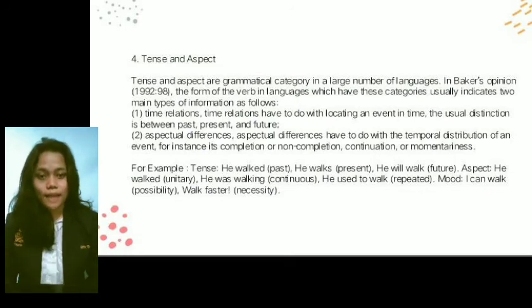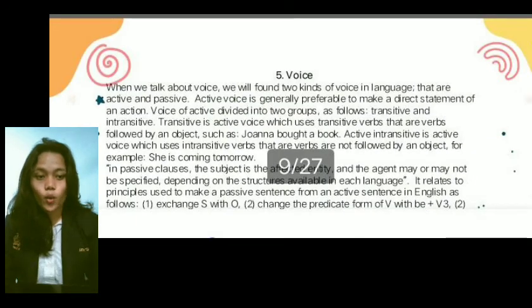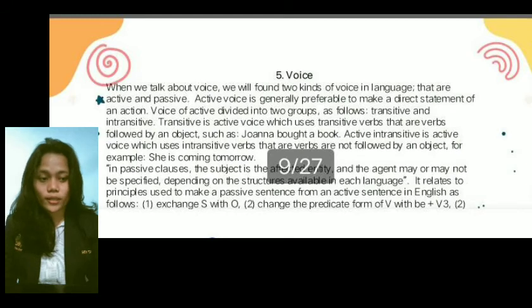Okay, the last type is voice. When we talk about voice, we will find two kinds of voice in language, active and passive. Active voice is generally preferable to make direct statements of actions. Active voice is divided into two groups as follows: transitive and intransitive.